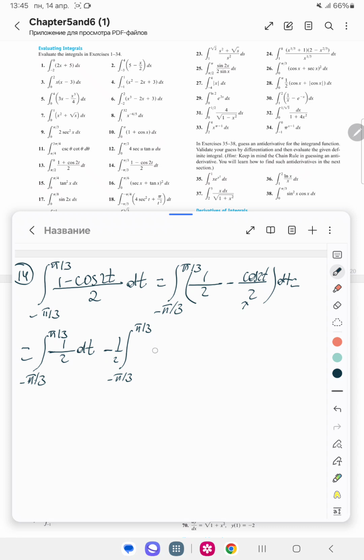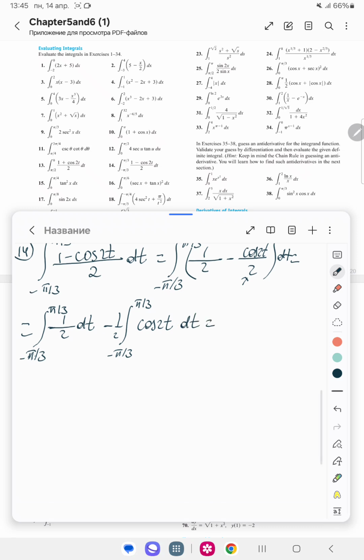Cosine 2t dt equals. Now let's find antiderivatives. The antiderivative of 1 over 2 is 1 over 2 t from minus pi over 3 till pi over 3, minus 1 over 2. I will keep the constant as it is.